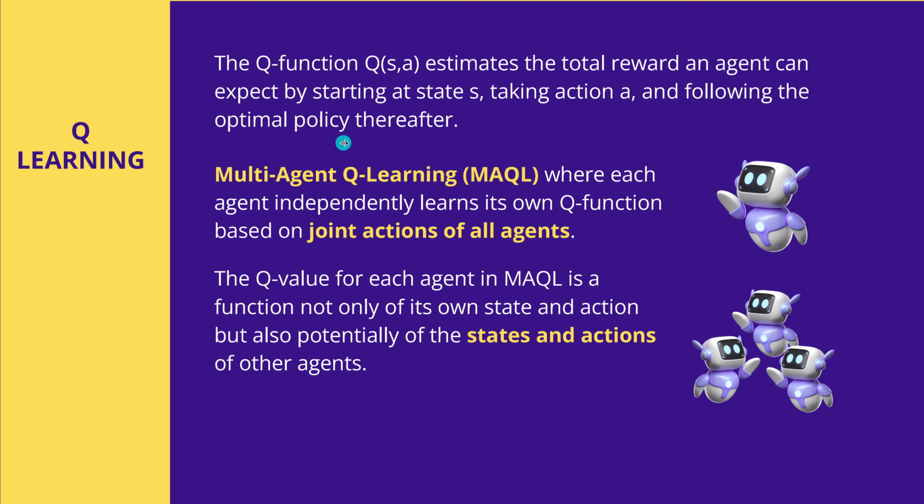Now, easy, you know that a multi-agent Q learning, where each agent independently learns its own Q function based on the joint action of all agents, and the Q value for each agent is now a function not only of its own state and its own action, but also potentially of the state and action of the other agents that are within the communication reach, within a specific environment. That is important, that the agent knows, hey, I have my little other agents here at a certain distance, and we have to take care that together we reach our goal faster.